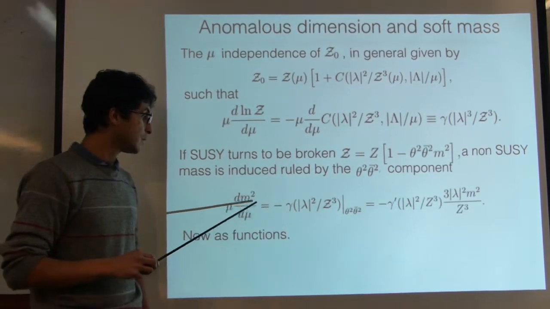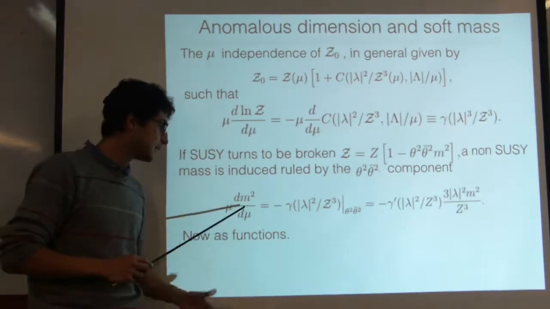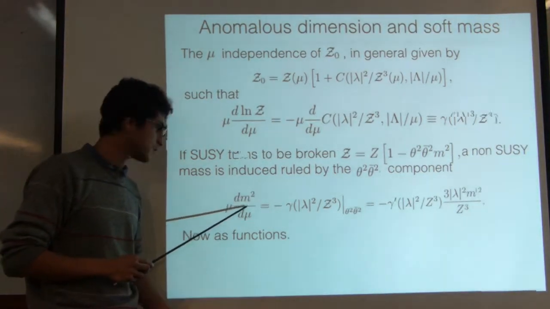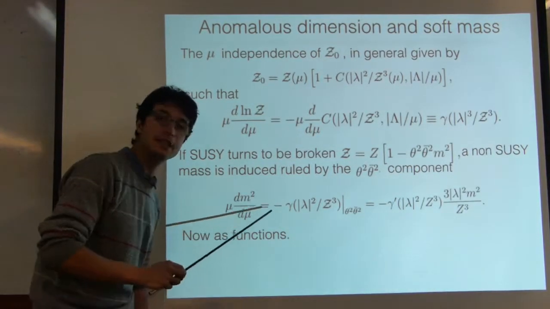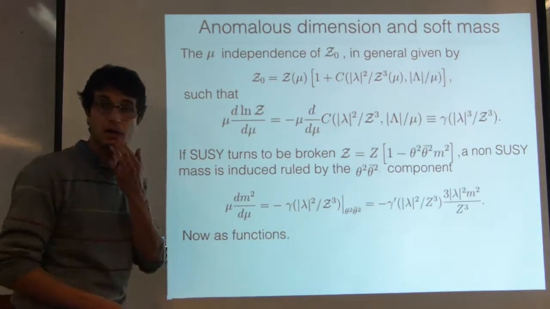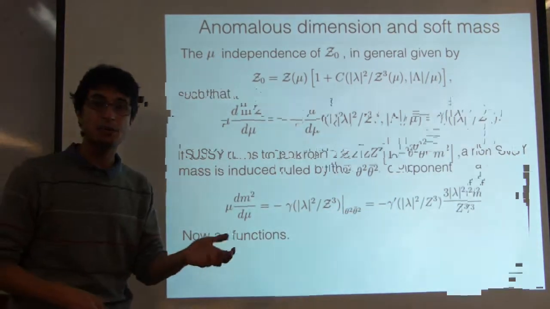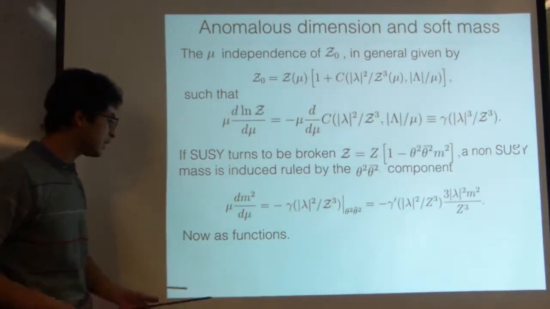Okay? So this supersymmetry breaking mass for the Wess-Zumino field is going to satisfy this RG equation that has this form. Now the only thing that remains is to know this anomalous dimension, that you can compute by the standard techniques that we learned.